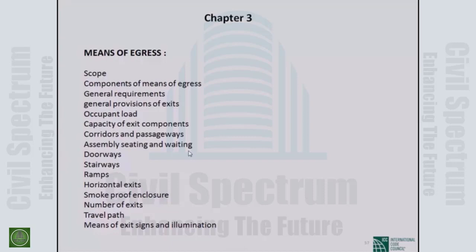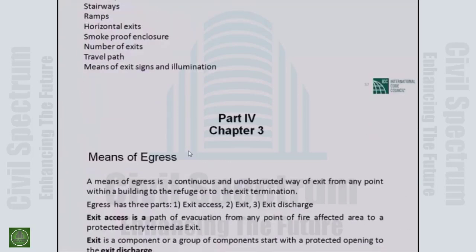Now in 2022, we use means of egress. I will show the definition of means of escape also. A similar thing, but means of egress has a different meaning, a different combination. The combination of egress is different, but almost similar in language and meaning.